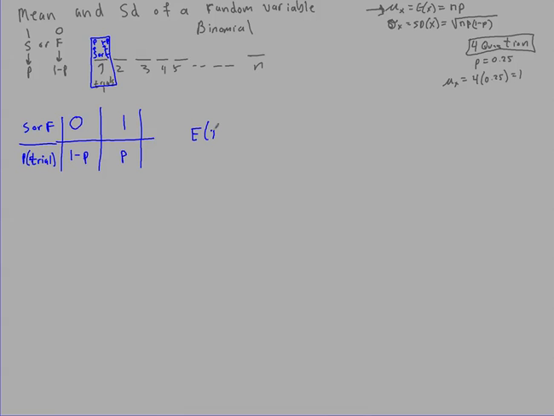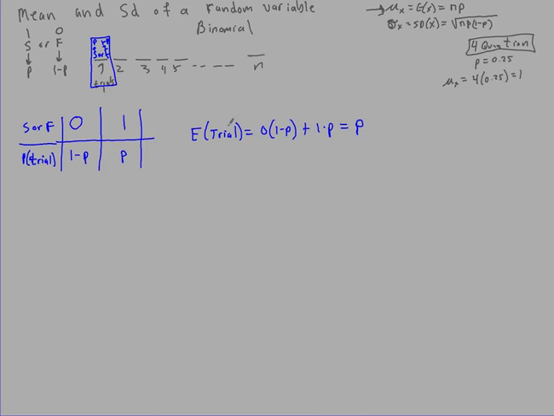What's the expected value of each trial? That would be 0 times 1 minus p plus 1 times p. So the expected value here is p. That's what we expect for one trial.